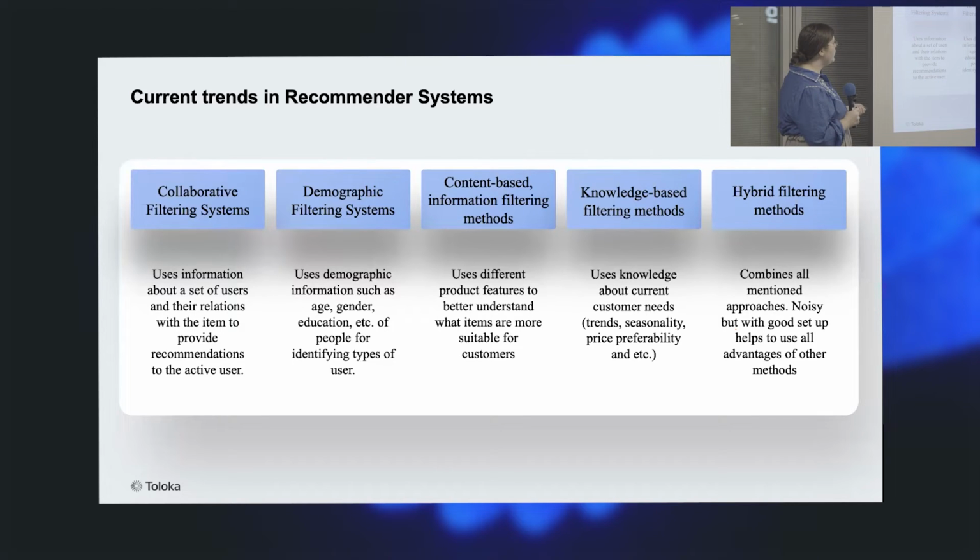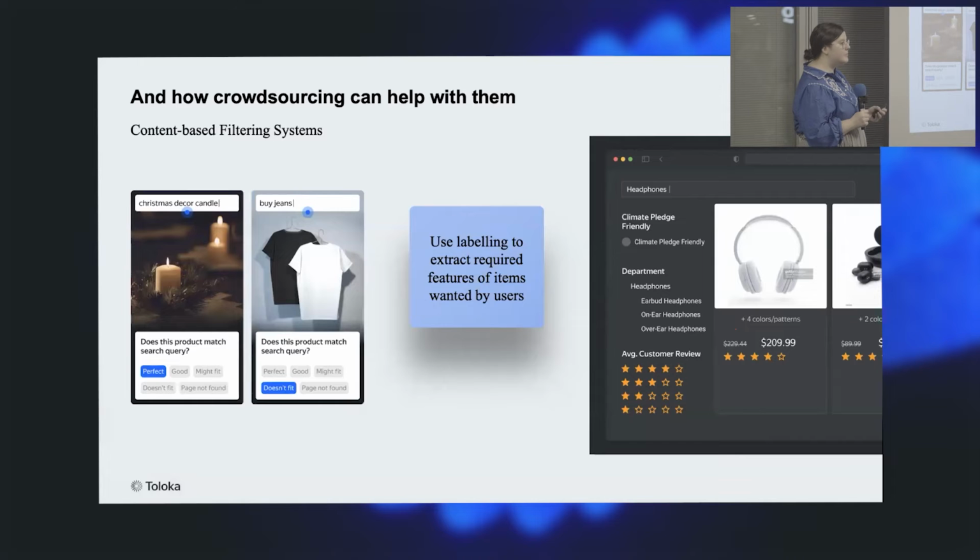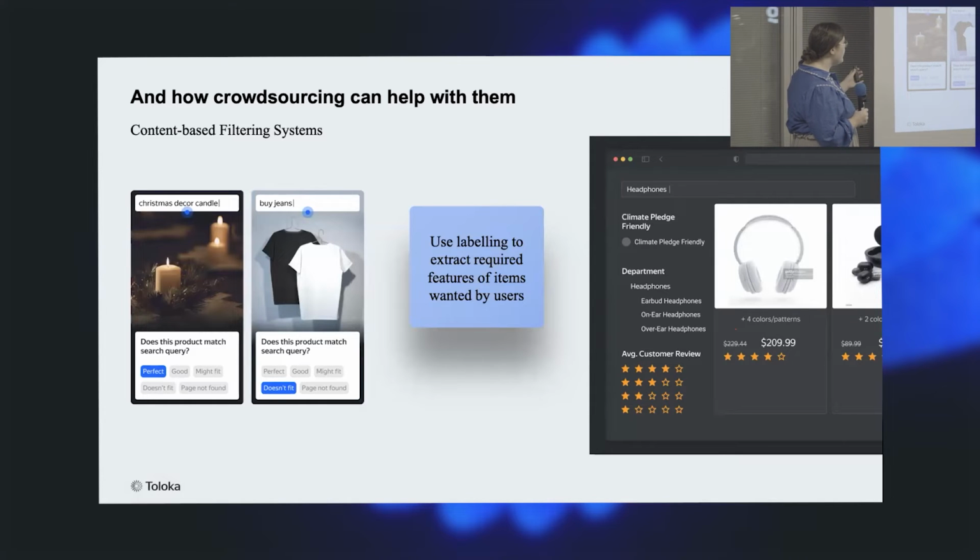So now I'll tell you how offline labeling helps to get this data. First of them is content-based filtering systems.